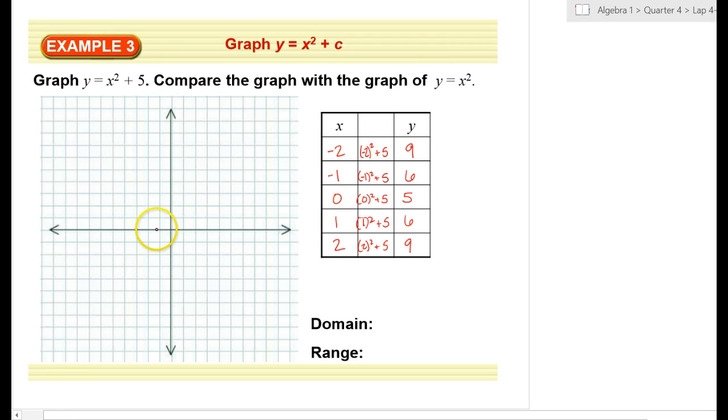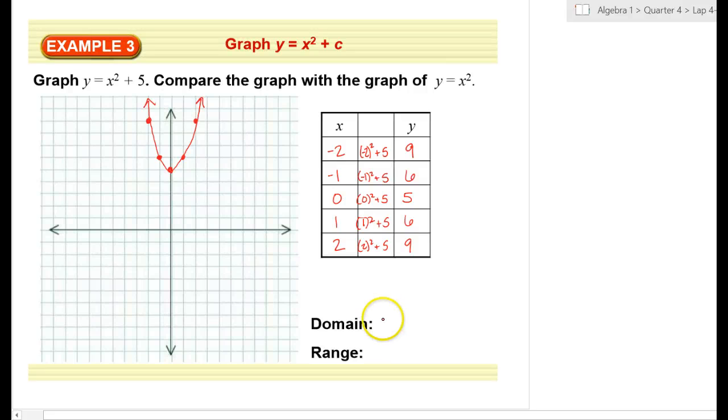So we plot these points. There's my graph.